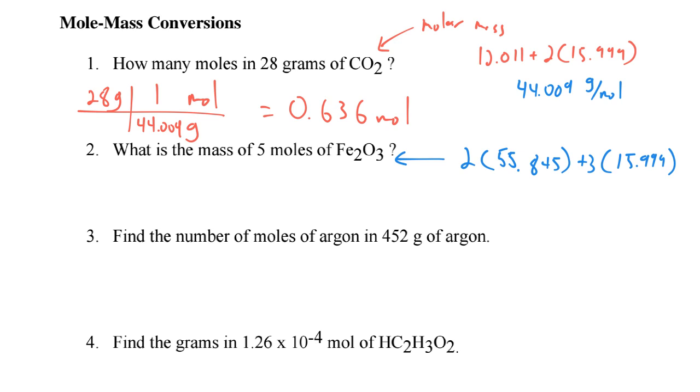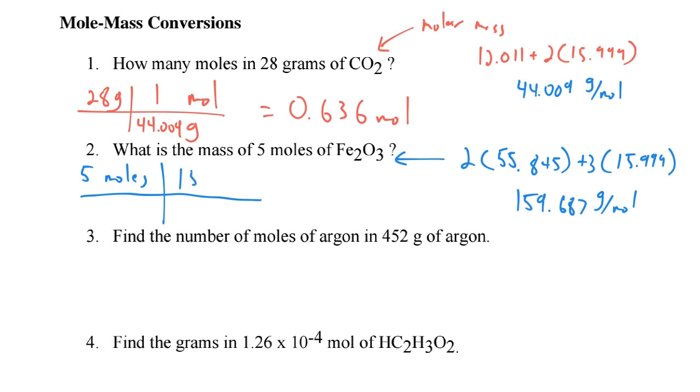And what do we get? 55.845 plus 3 times 15.999, 159.687 grams per mole. But now this time we don't have to flip that upside down because we have moles on top and we want to end with grams on top.